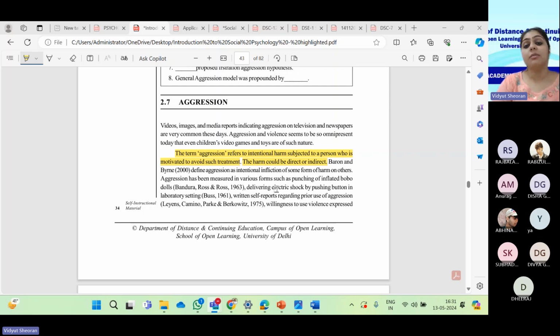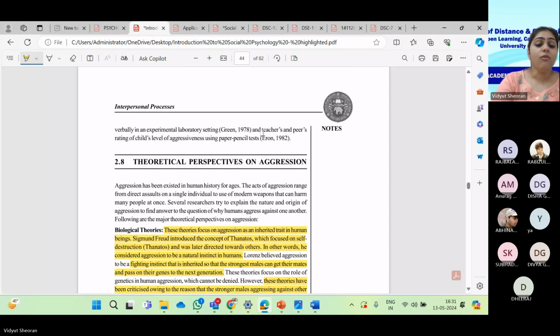Written self-reports regarding prior use of aggression. Willingness to use violence expressed verbally in an experimental laboratory setting, that you're using all abusive language. That is called verbal violence. And teachers and peers rating of child's level of aggressiveness using paper pencil tests.